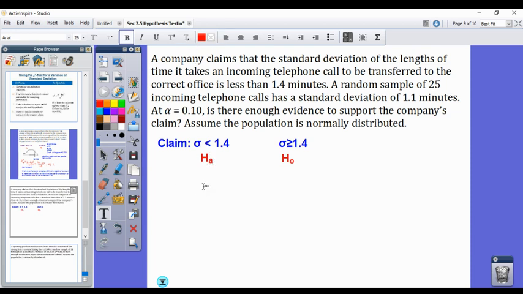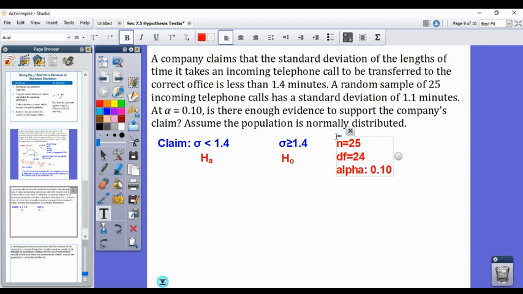All right, so what else do I know? I know that we have a sample of 25, which means my degrees of freedom is 24. The standard deviation of my sample is 1.1 minutes, and my alpha level is 0.1.